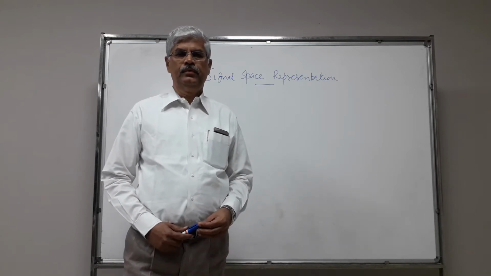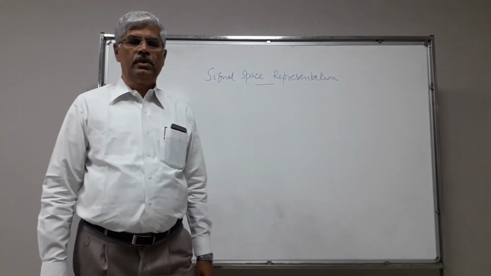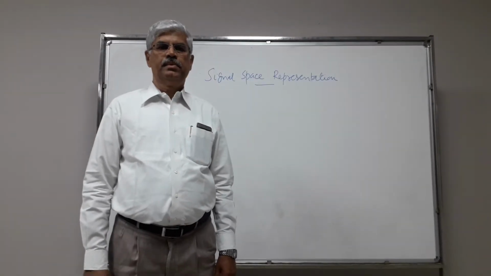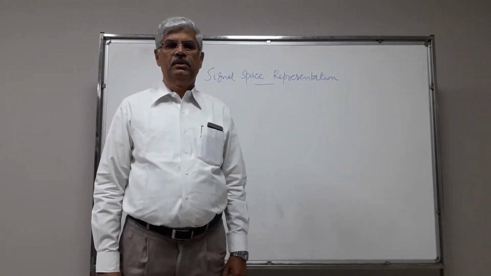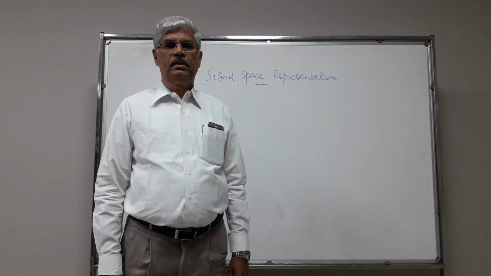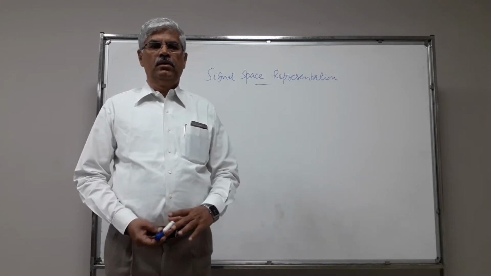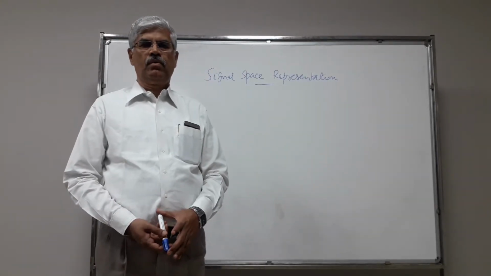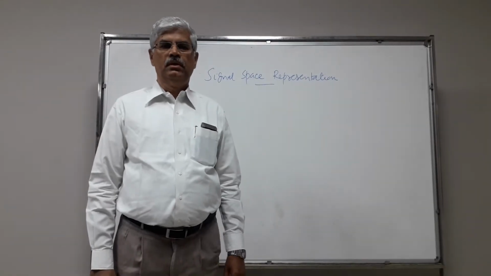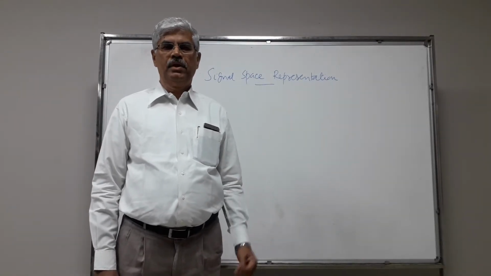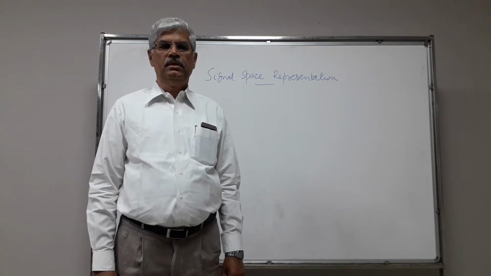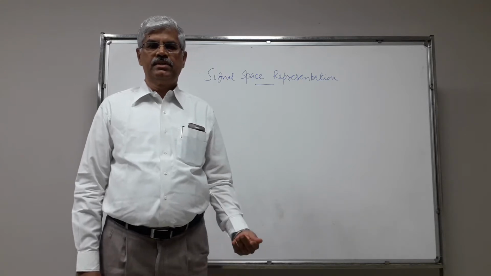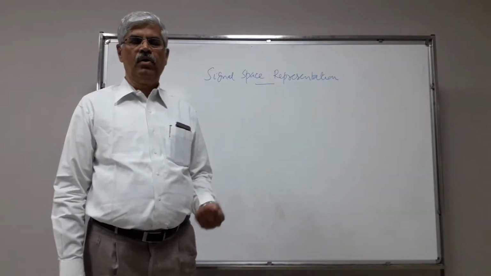Today we will try to understand what is known as signal space representation of digital signals. In this course, so far what we have learnt is amplitude modulation and frequency modulation, in which the message signal exists in the analog form itself.